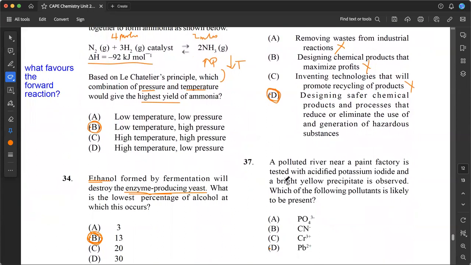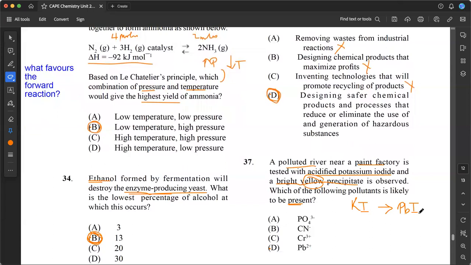37 says a polluted river near a paint factory is tested with acidified potassium iodide and a bright yellow precipitate is observed. Which of the following pollutants is likely present? So we know that whenever we see that yellow precipitate, whenever we have KI in the mix, it means that there is some lead iodide being formed, okay?